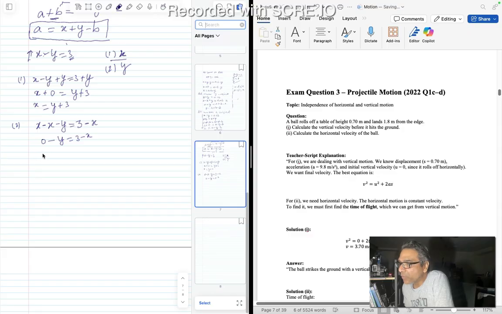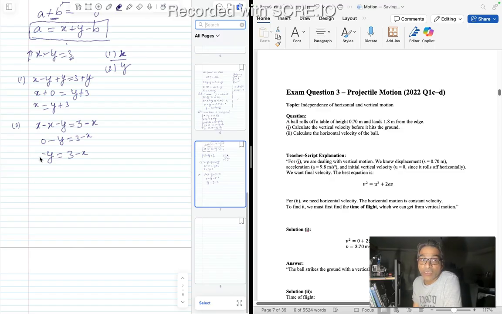So now we have minus y equals 3 minus x, right? So still we haven't got y equals. Why? Because there is a negative sign. So what I told you is that if there is a negative sign, that means minus 1 is there, right?